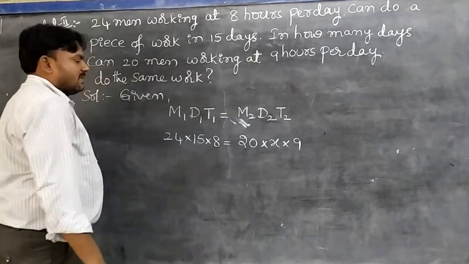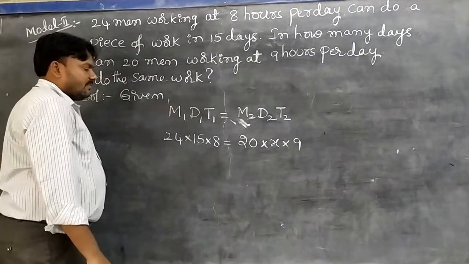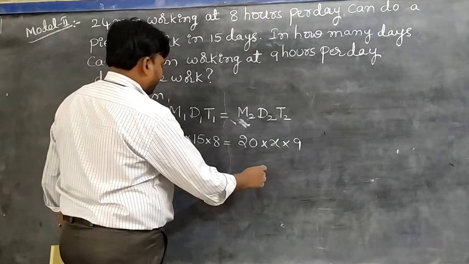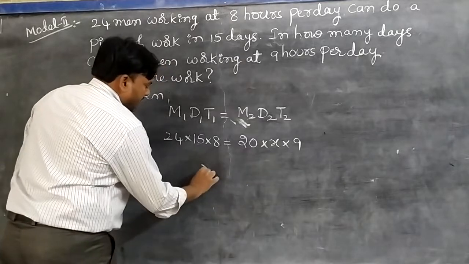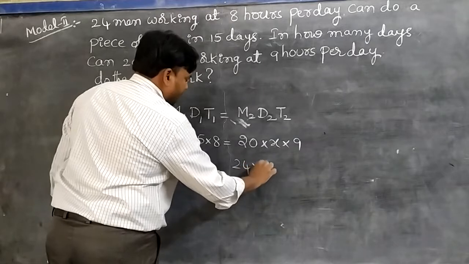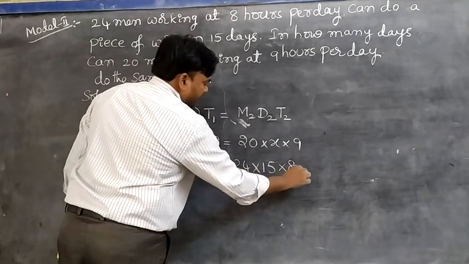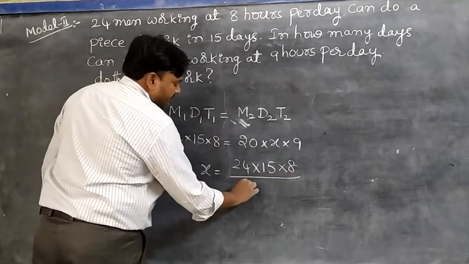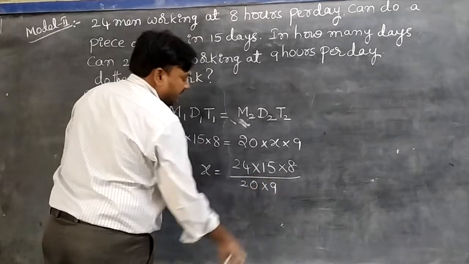Observe here carefully. Therefore x equals 24 into 15 into 8 by 20 into 9.